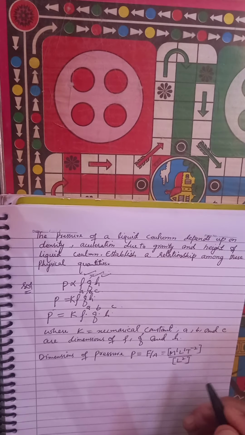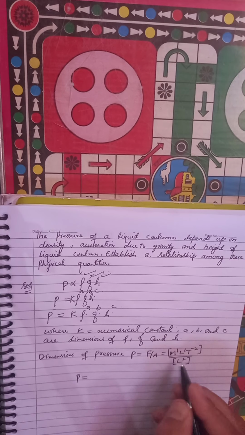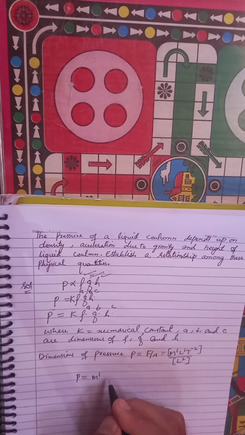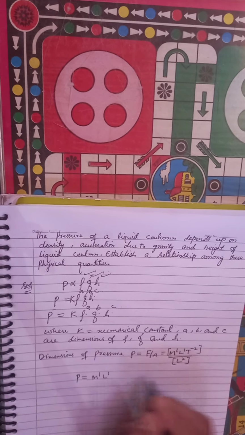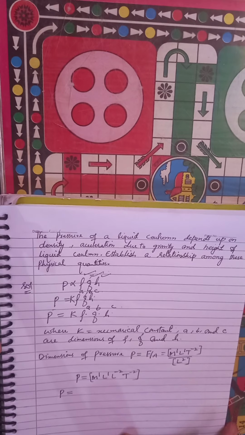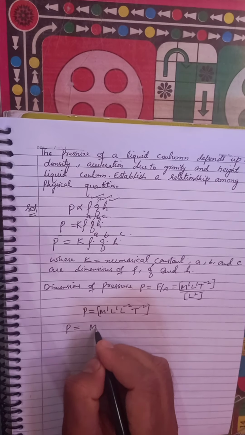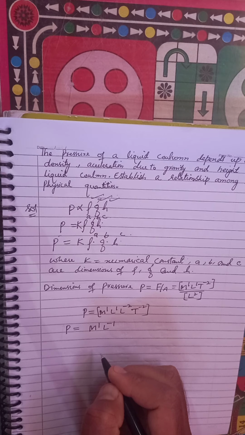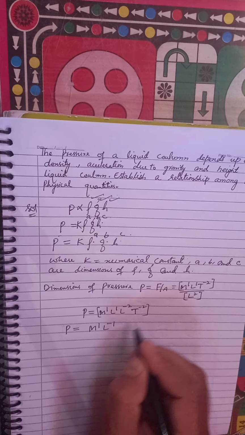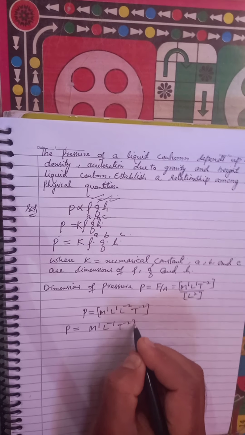So the dimensions of pressure are M^1 L^-1 T^-2. So these are the dimensions of pressure.